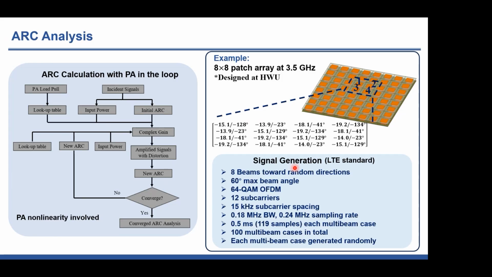Here we use 64-point OFDM, 12 subcarriers, 15 kilohertz subcarrier spacing, which is 0.18 megahertz bandwidth, and the sampling rate is 0.24 megahertz. We generate 100 multi-beam cases in total, and each multi-beam case is generated randomly, which means the beam direction and the signals are randomly generated.